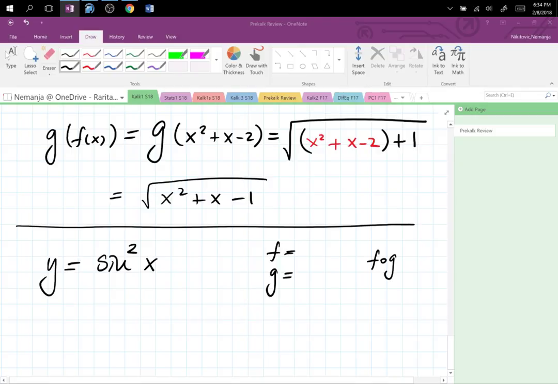In other words, I'm asking you, what is the outer function and what is the inner function, so that when they're composed, you will get sine squared x. Would anyone like to take a stab at this? Tell me what's f and what's g.